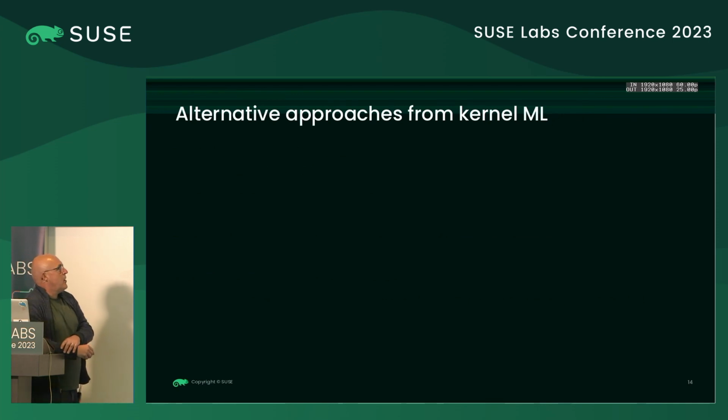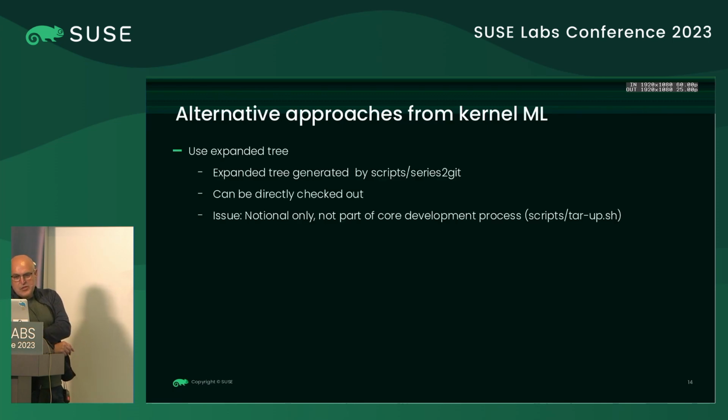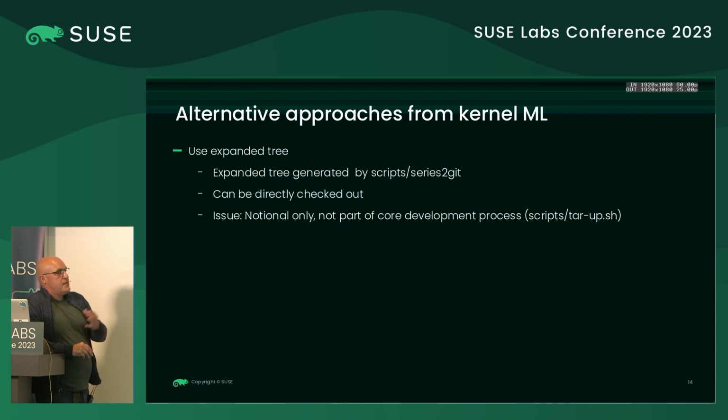I posted long ago on the kernel mailing list about this, and I said this is the problem. And the main solution I got was, well, why don't you use the expanded tree? And for people who don't know, the expanded tree, as I said, we have a base tarball, and then we have a Git repository full of patches, and series2git is used to basically create a Git repository from these. And we can also check it out directly.